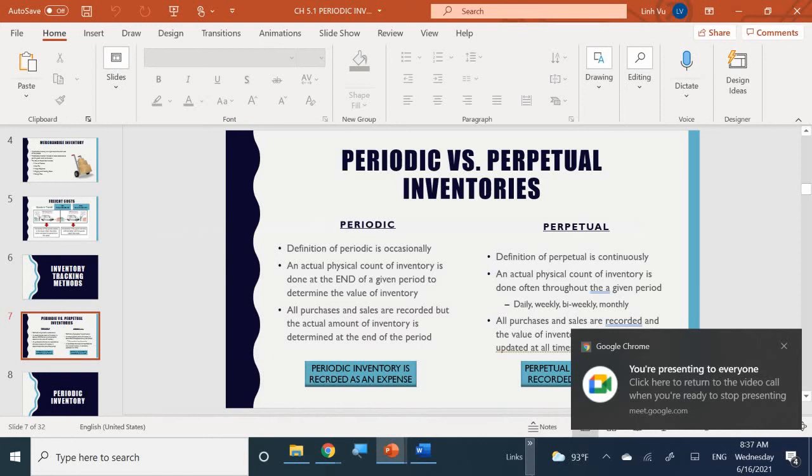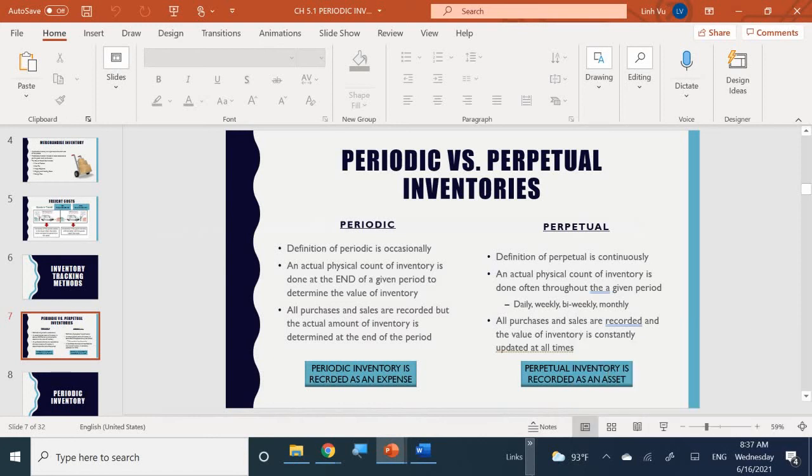I just need you to know that these two tracking methods exist, and that I'm going to be testing you for the costing method for periodic. Okay, you just need to know what the difference is.